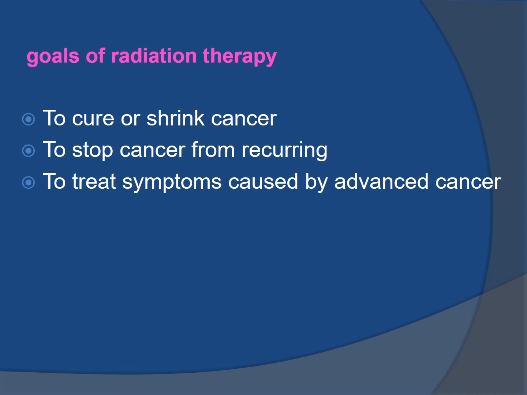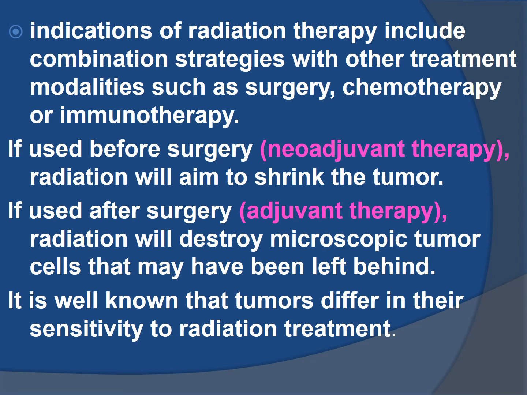Indication of radiation therapy include combination strategies with other treatment modalities such as surgery, chemotherapy, or immunotherapy. If the radiotherapy is used before surgery, it is called neoadjuvant therapy, in which the radiation aims to shrink the tumor or downstage the tumor.